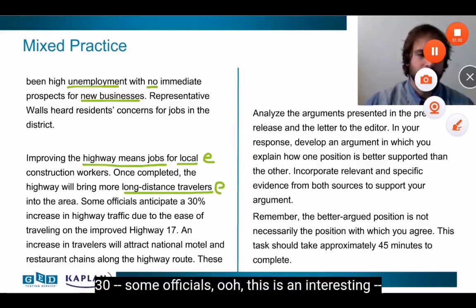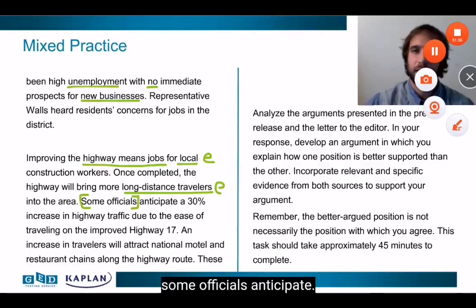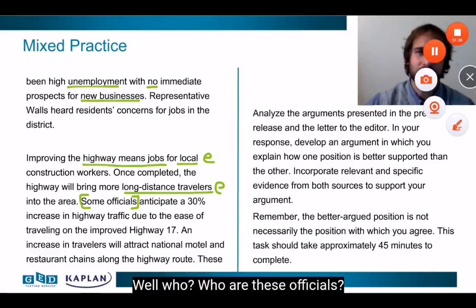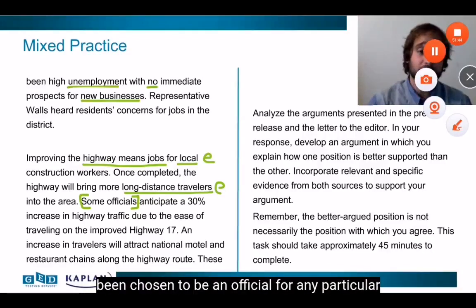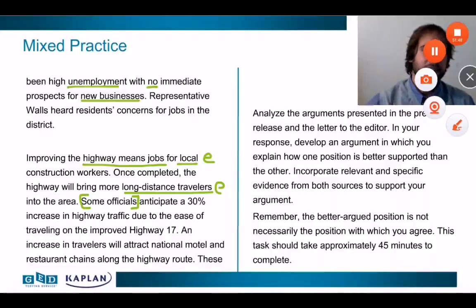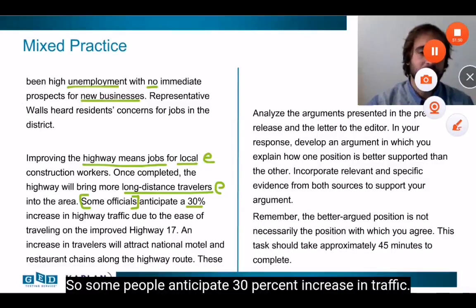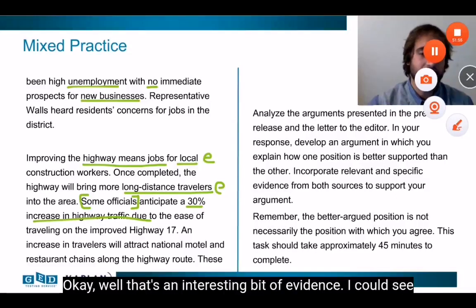Some officials. Ooh, this is interesting. Some officials anticipate. Well, who? Who are these officials? Are they experts? Have they been chosen to be an official for any particular skill that they have? I don't know. So some people anticipate a 30% increase in traffic. Okay, well, that's an interesting bit of evidence.